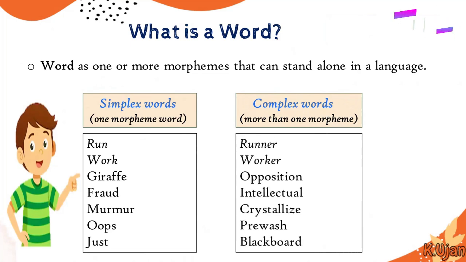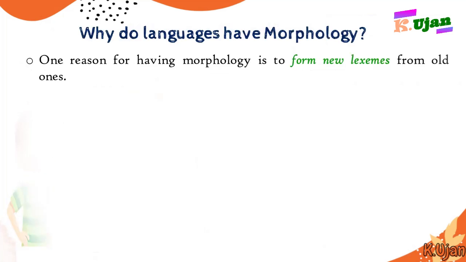So runner is formed of two morphemes. Run, runner, work, worker, apposition, intellectual, crystallized, pre-wash, blackboard or blackwash. So these are known as complex words. I hope this is comprehensive enough to understand what a word is in morphology.